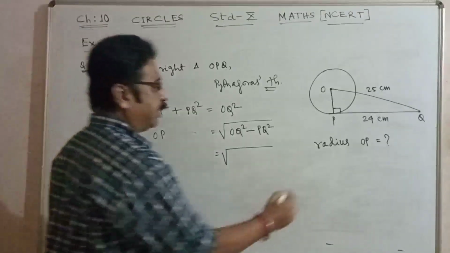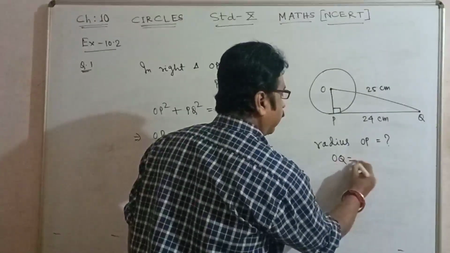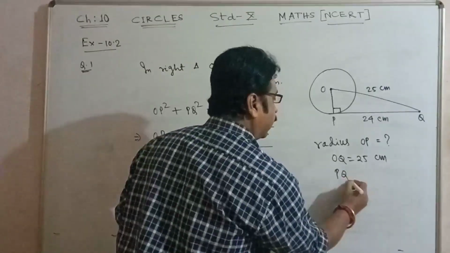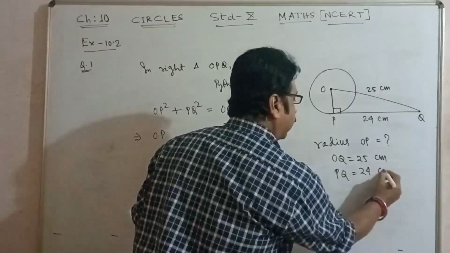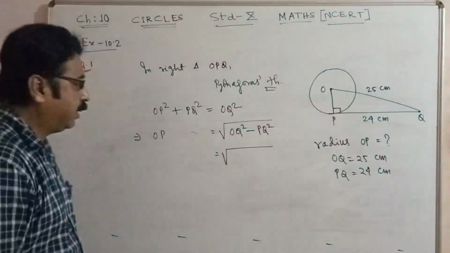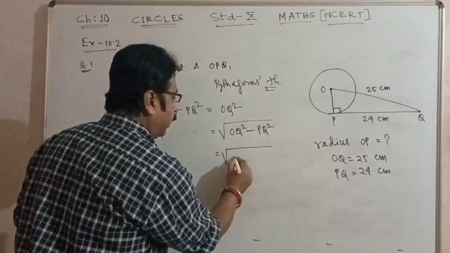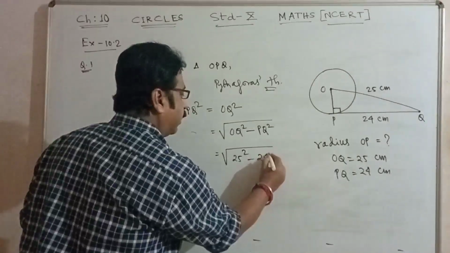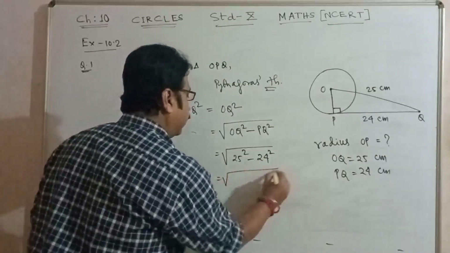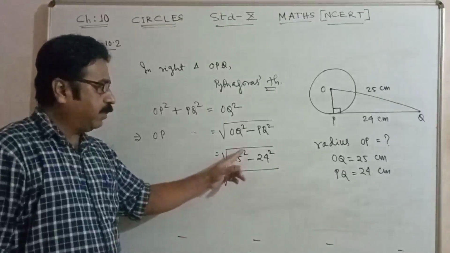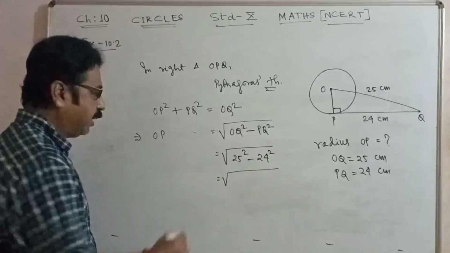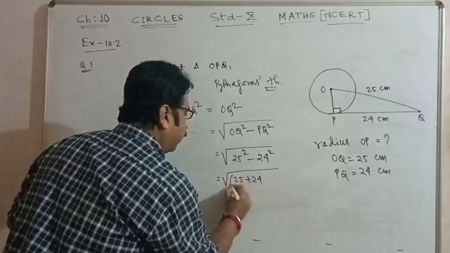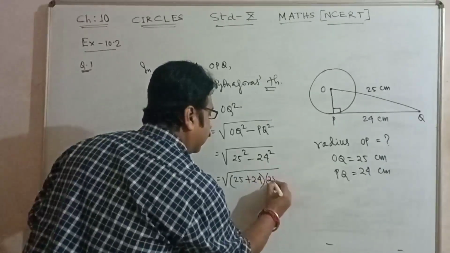OQ is given how much? 25 centimeters. PQ is given how much? 24 centimeters. So we can write 25 square minus 24 square. A square minus B square, we can write A plus B into A minus B.